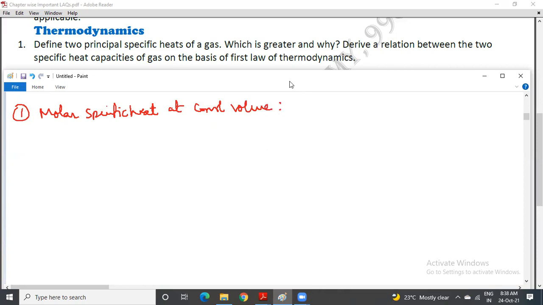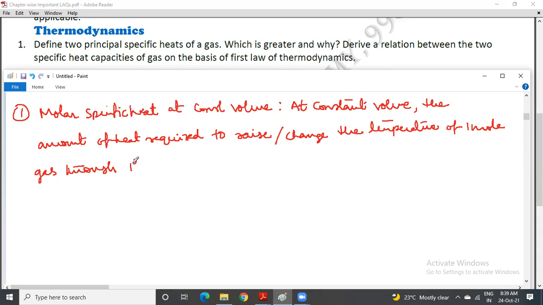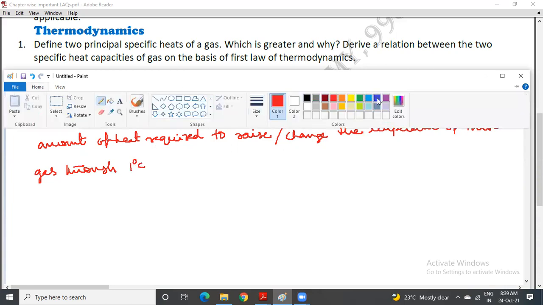So the definition is, at a constant volume, the amount of heat required to change the temperature of one mole of gas through 1 degree centigrade is called molar specific heat at a constant volume.